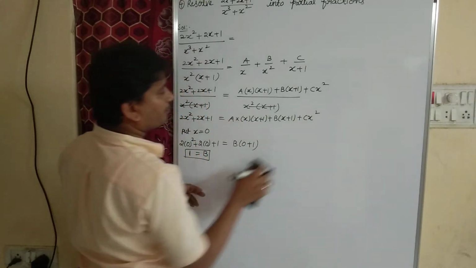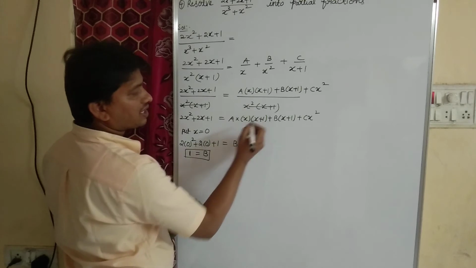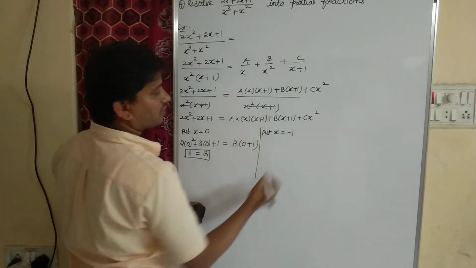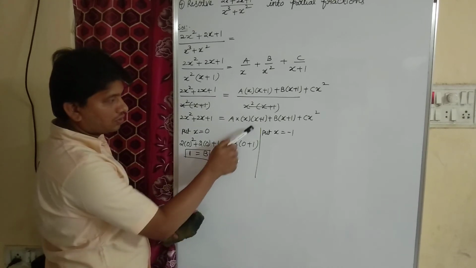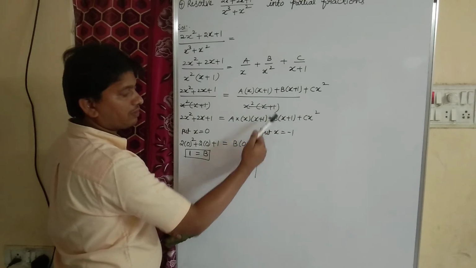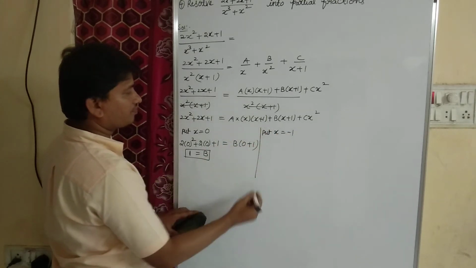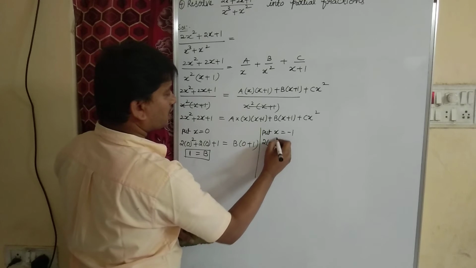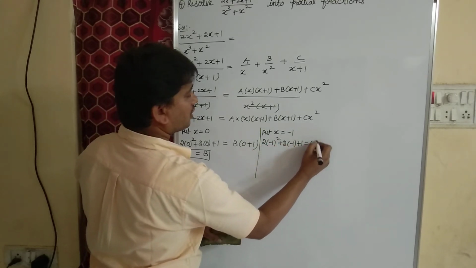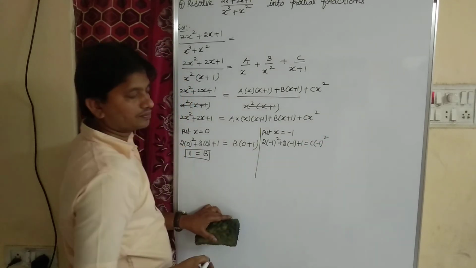Now what I will do, I want to put in the place of x, minus 1. Put x equal to minus 1. Now minus 1 plus 1, this will become 0. Minus 1 plus 1, this will become 0. Only you will get c value. So 2 into minus 1 whole square plus 2 into minus 1 plus 1 equal to c into minus 1 whole square.